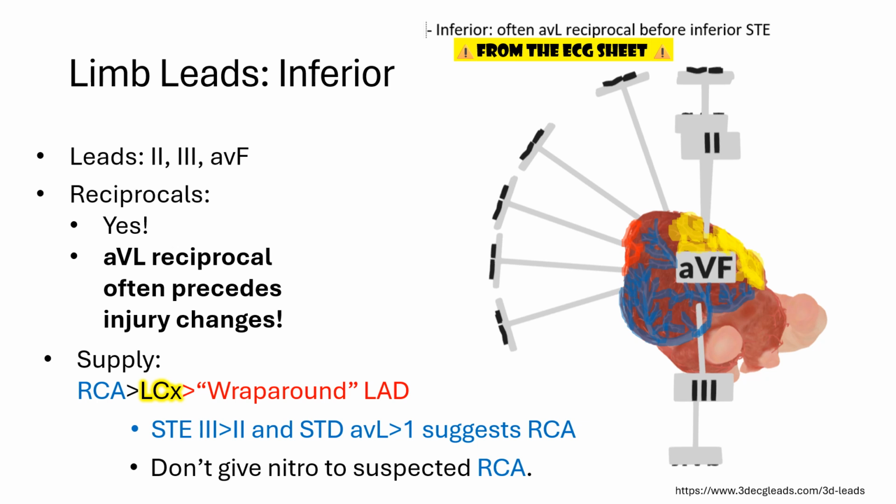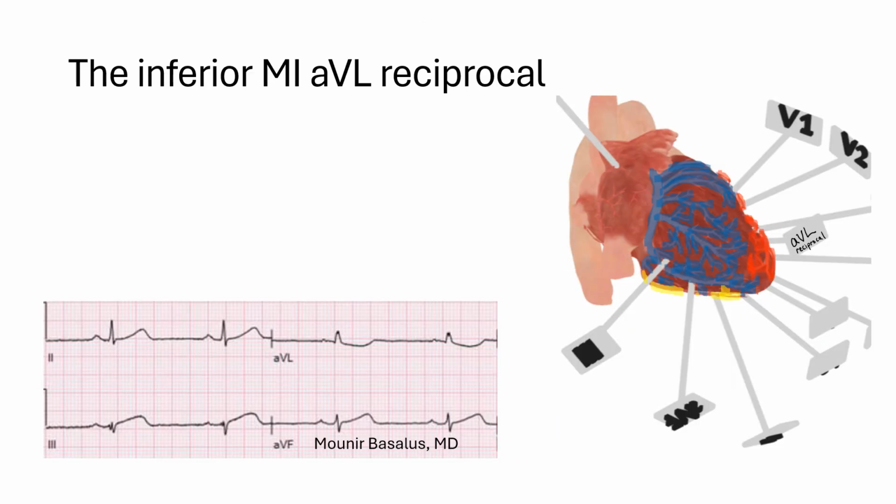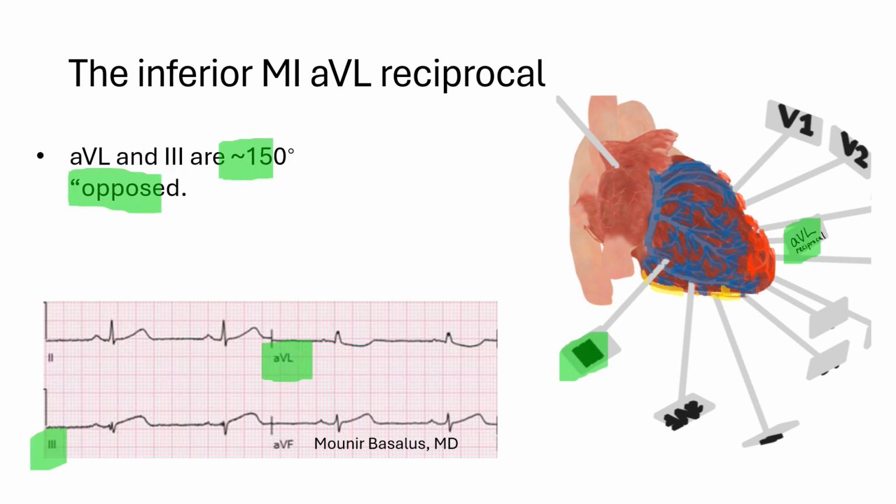Note that on the ECG sheet, we have a reminder that in inferior MI, we often see the AVL reciprocal before inferior STE. Again, since AVL and lead 3 are about 150 degrees opposed, we often have this strong reciprocal relationship between AVL and lead 3.